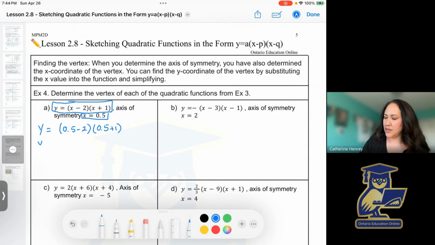And y is going to equal -1.5 times 1.5. And y is going to equal -2.25. So the vertex for this function is 0.5 and -2.25.